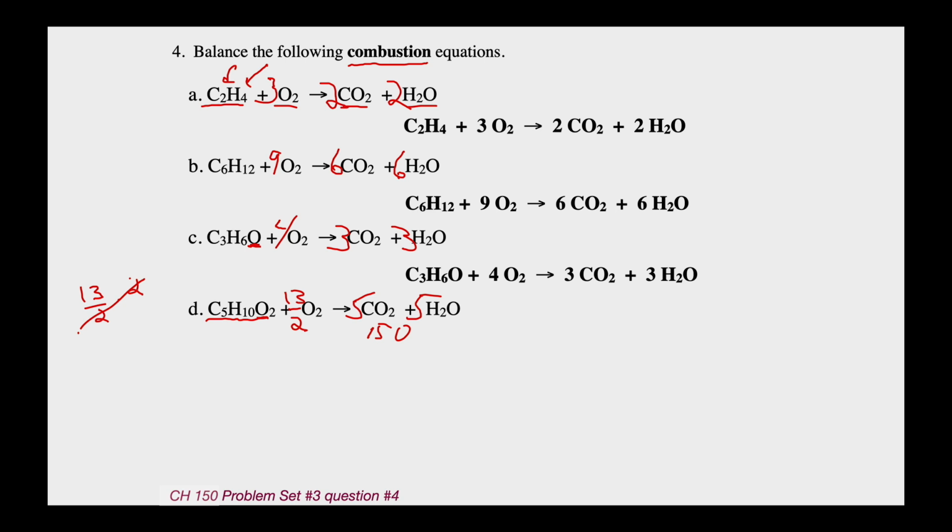So instead of doing that, what chemists like to do is multiply the entire thing by 2. So you'd have 2 C5H10O2, and you'd have 13 halves times 2, or 13 O2s, making 10 CO2s and 10 waters. And that's what you would do here to solve it.